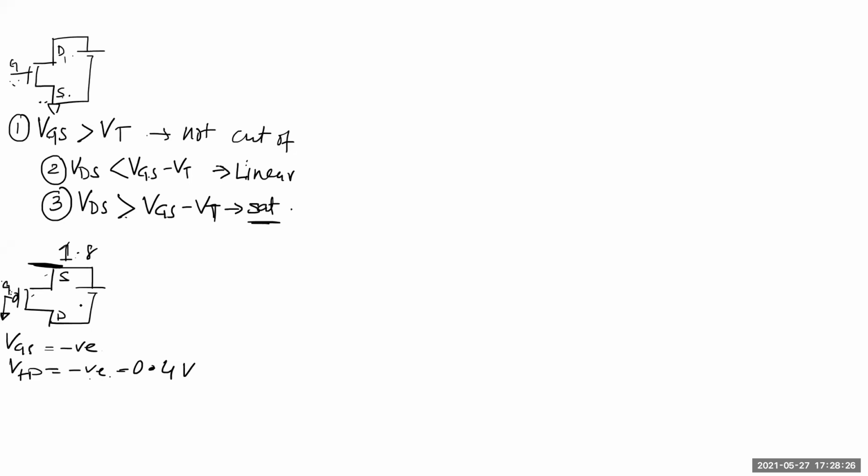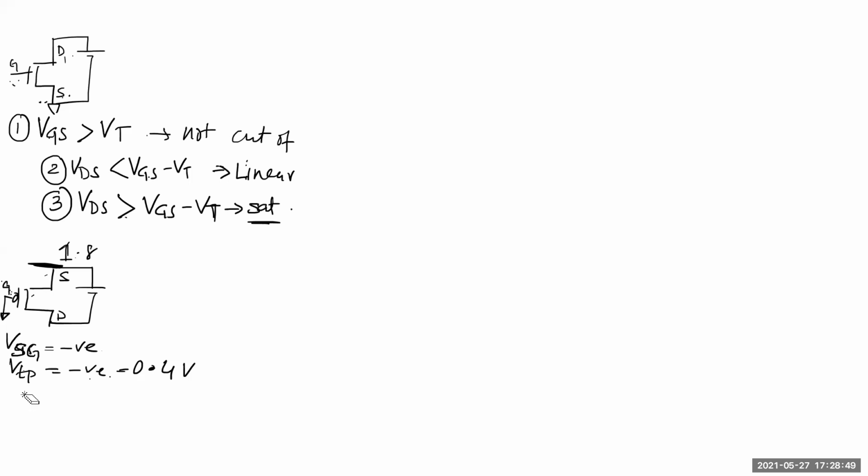You can swap terminals instead. Instead of doing VGS, you can do VSG and VSD. Sorry, VTP is still negative, so you can do VTP positive and VSD, and convert them all into positive numbers as well.